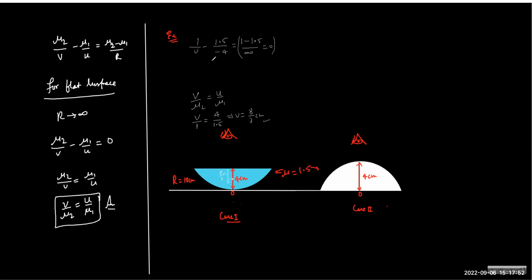So you get 1 by V equals minus 1.5 by 4. So V turns out to be minus 8 by 3, and minus means it will be on the same side as the object. So it is below the interface. Is it clear? Understood?